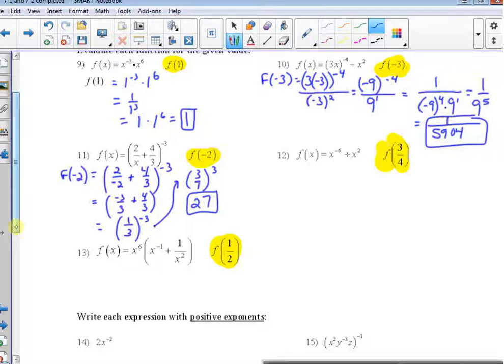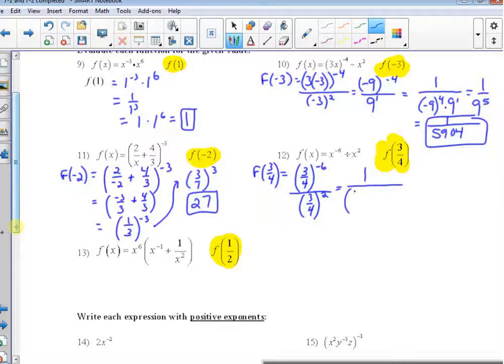Number 12, I'm finding f of 3/4. So that's 3/4 to the negative 6 divided by 3/4 squared. Okay, so for this one, I believe that I brought the 3/4 down to the denominator and have a 1 up on the top.